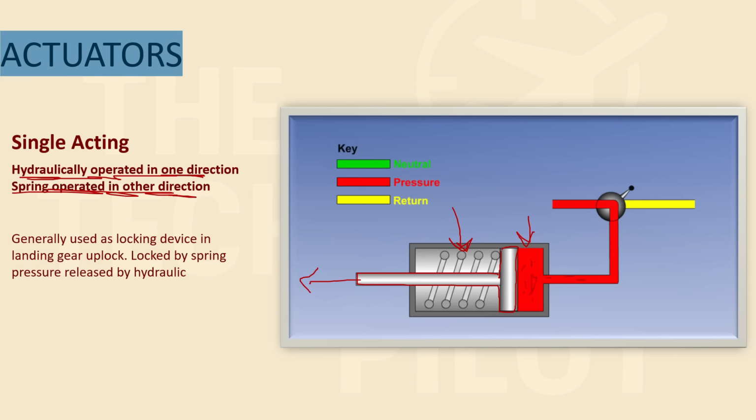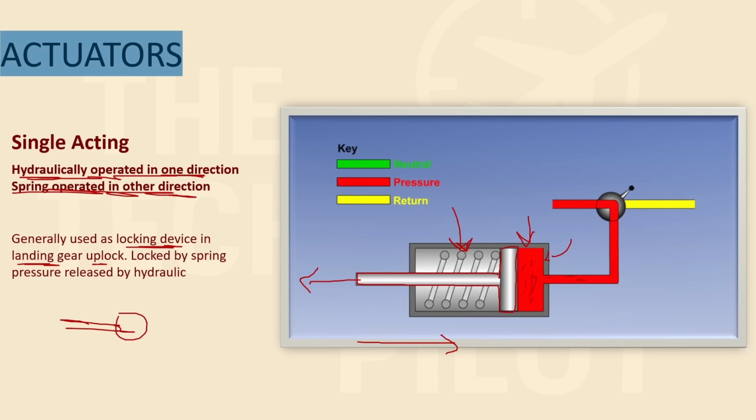Fluid will push it to the left, but if the hydraulic pressure is released, then the spring will push it to the right side. So that is how it is operated, and it is used as a locking device in the landing gear uplock. Obviously, you don't want to constantly supply hydraulic fluid when you don't want a service, like the landing gears in the uplock position, when the landing gears are in their retracted position.